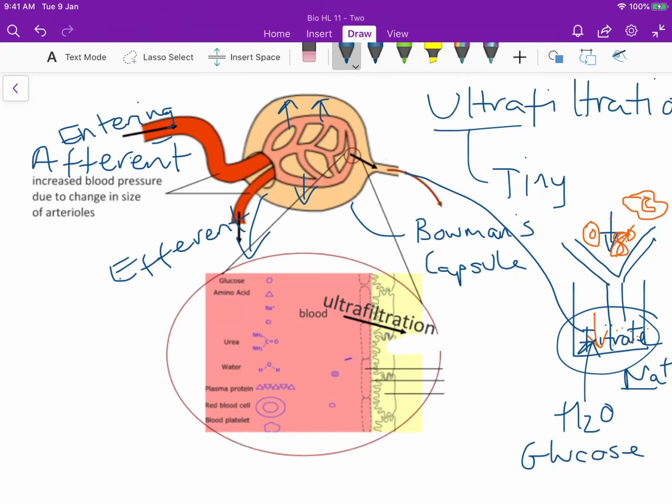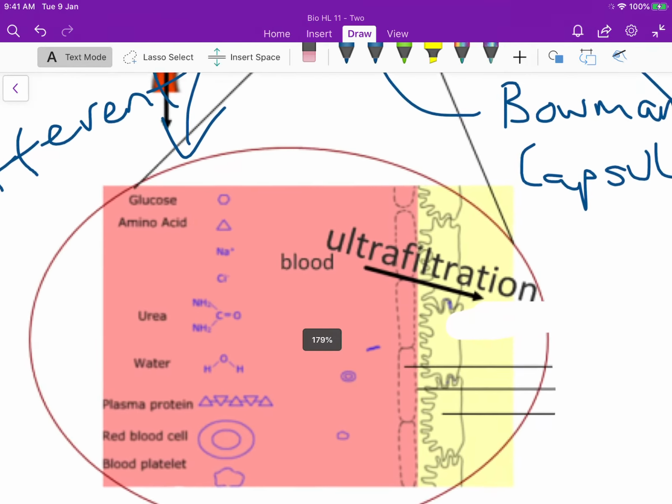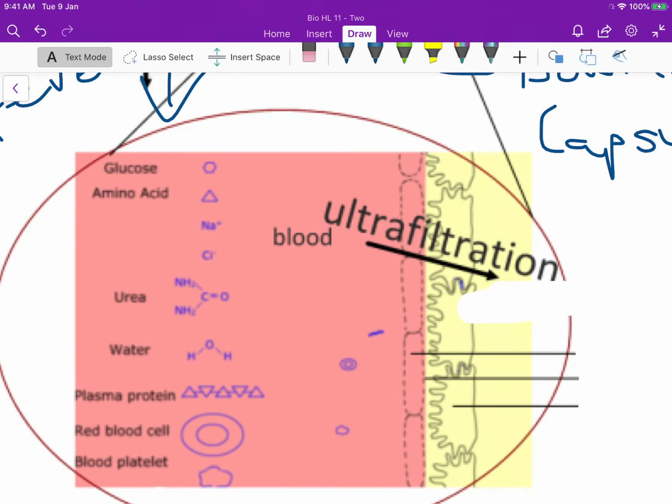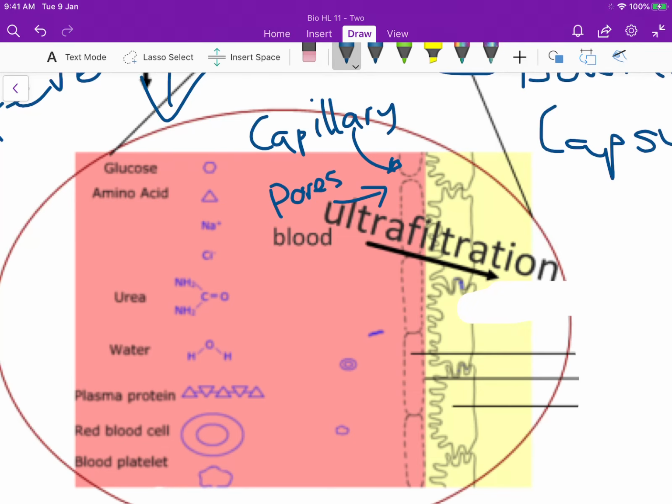Okay, so let's zoom down here. We can see, although it's pretty hard, let's zoom in slightly more. We can see down here that we've got the wall of the capillary. This is the capillary wall, and it's got pores in it to allow things through.